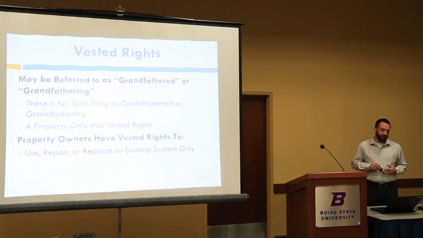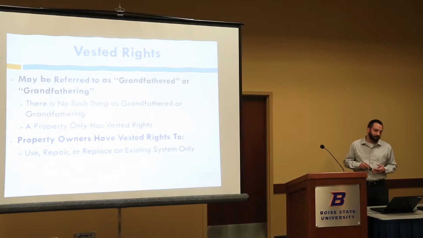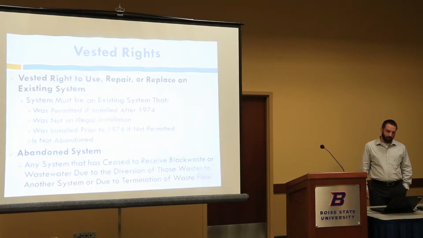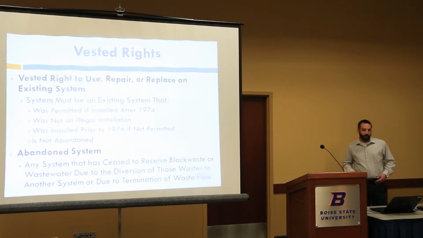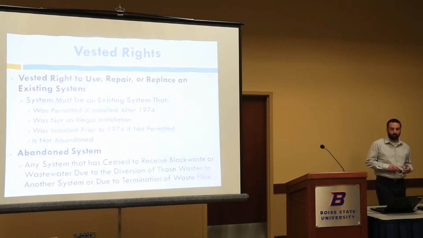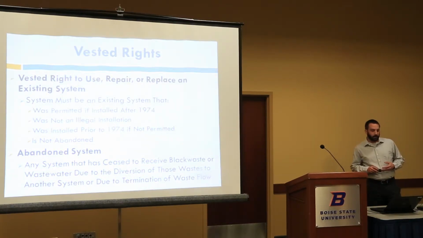Property owners do have a vested right to use, repair, or replace an existing system only on their lot. And there are restrictions to that. That doesn't just mean we're going to replace with whatever exists. It's going to be specific to certain circumstances and whatever the site conditions are. With the vested right to use, repair, or replace an existing system, that system needs to have been permitted if it was installed after 1974.